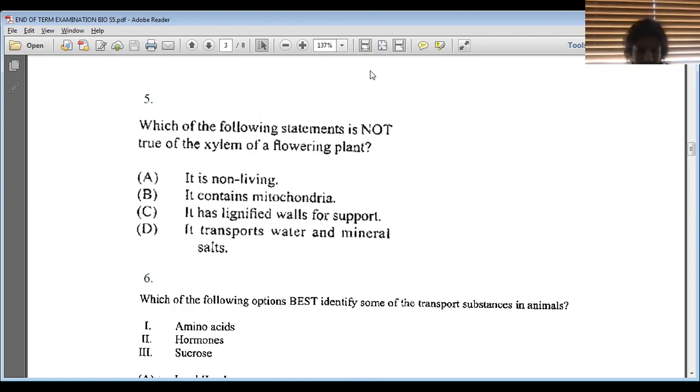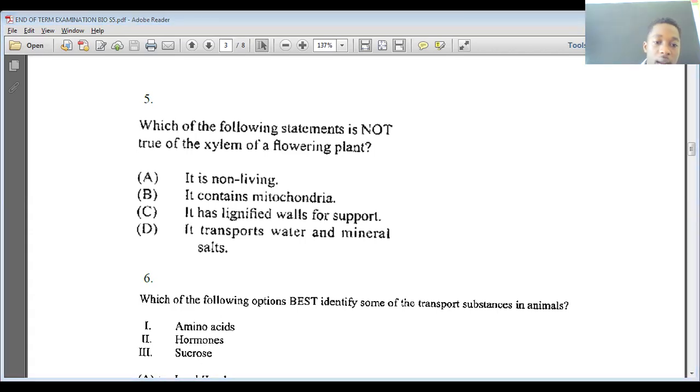Yeah. Okay. All right. So as I said before, guys, we know what mitochondria is, right? It supplies the cell with energy. We know what lignin is, which I said before. It's some circular ring around the section of the xylem. Hold on. Let me see something.